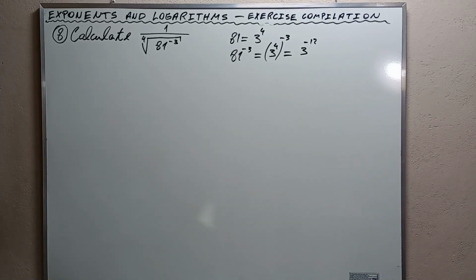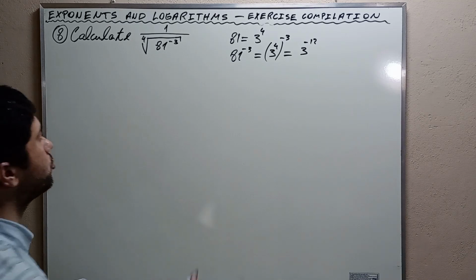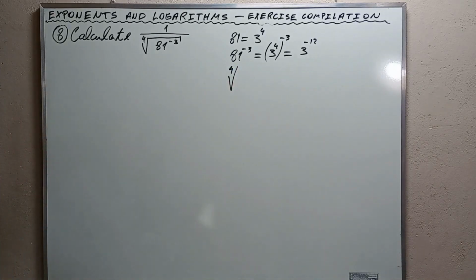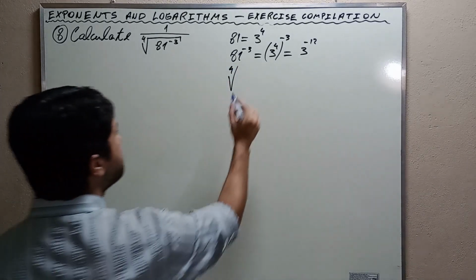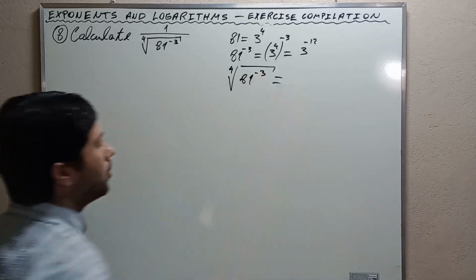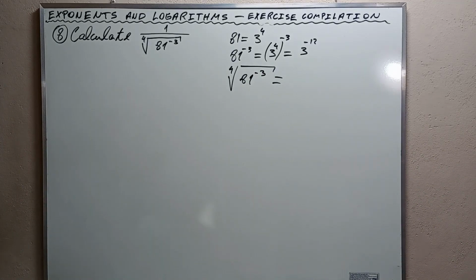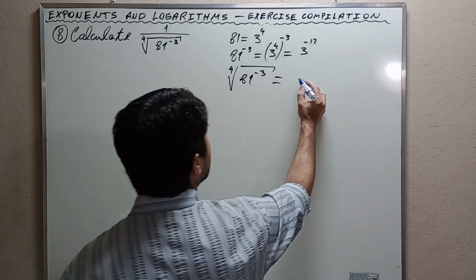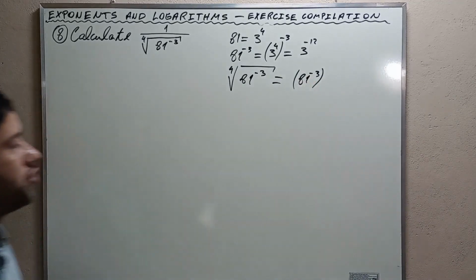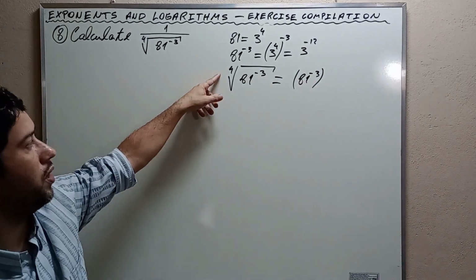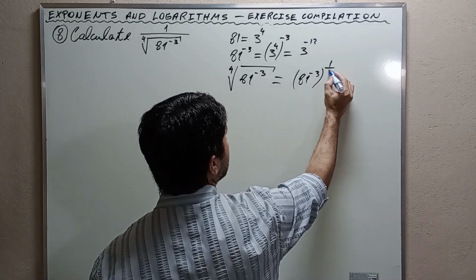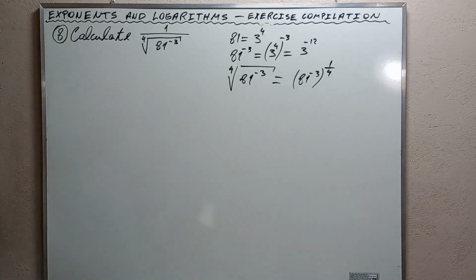And how about the square root? No. The 4th root of 81 raised to the power of negative 3. We can convert it to 81 raised to the power of negative 3, and observe that the root is the same as raising the number by a 4th.